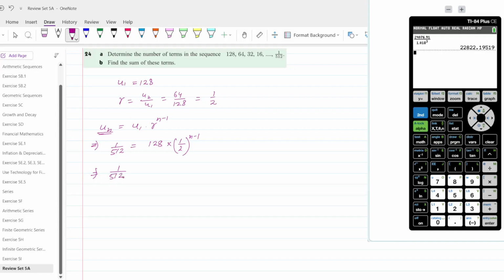So 1 by 512 equals 128 divided by 2 raised to the power n minus 1. But 2 raised to the power n minus 1 is going to be 128 times 512. Now 128 is 2 raised to the power 7 and 512 is 2 raised to the power 9. They combine to make 2 raised to the power 16. Hence n minus 1 equals 16, or n equals 17. Therefore 17 terms. That's the answer.